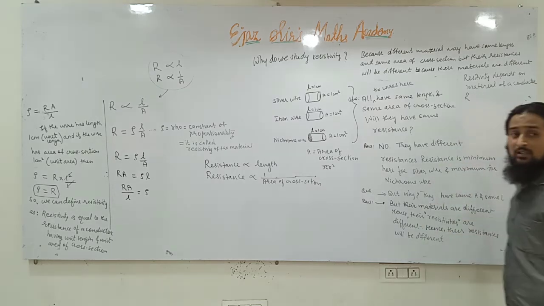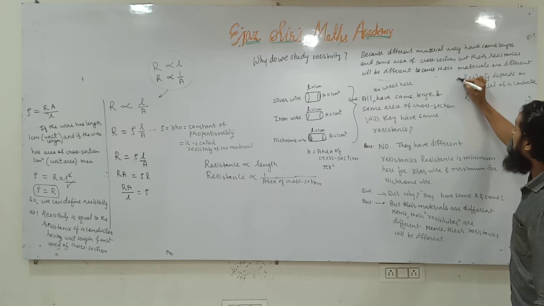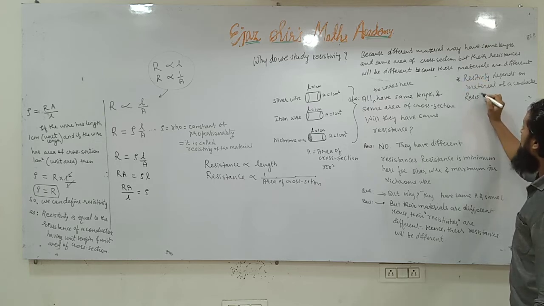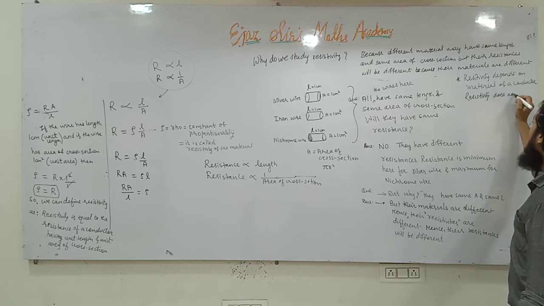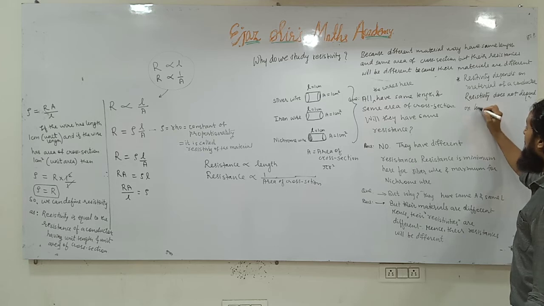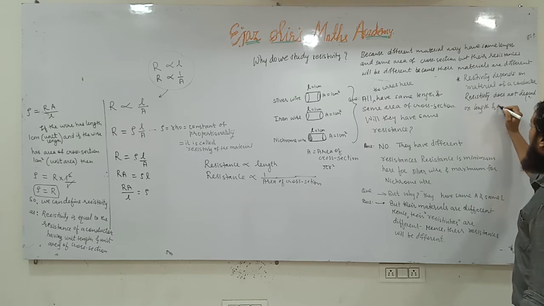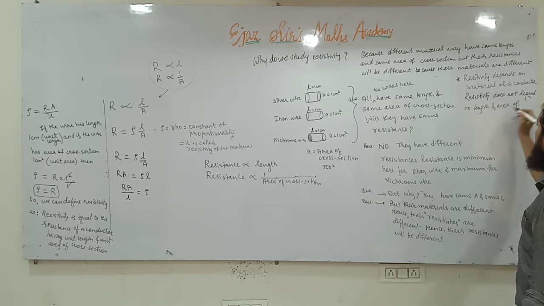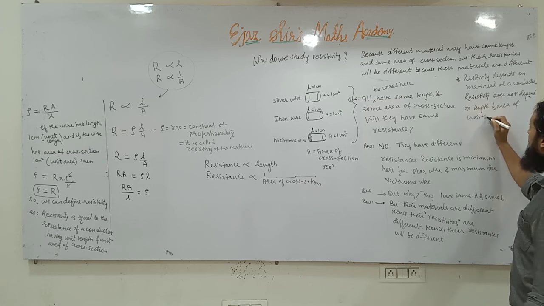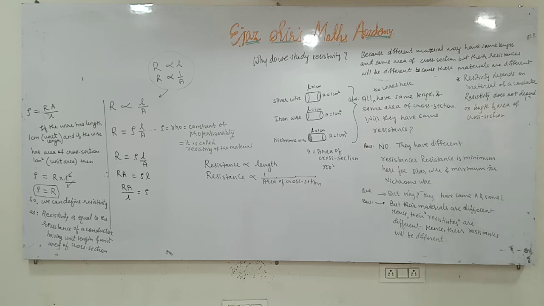This is an important point. Resistivity depends on the material of the conductor. Resistivity does not depend on length and area of cross section. Two wires may have the same length and same area of cross section, but their resistivity will not be the same, because resistivity does not depend on length and area of cross section.